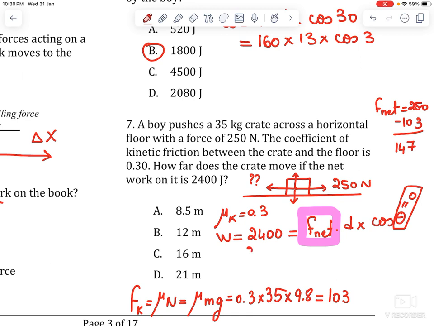Given 2400, F net equals 147, which is 250 minus the friction 103, and the distance I don't know, times cosine of 0. I will have 2400 divided by 147, so I have 16.3 meters.